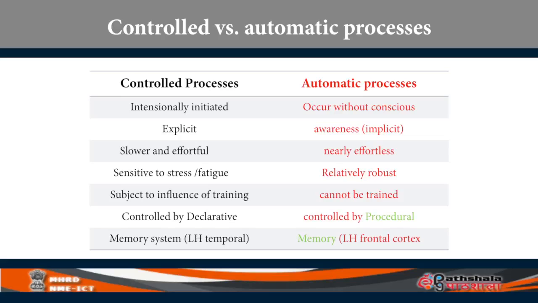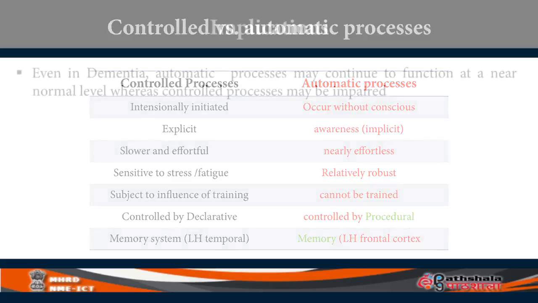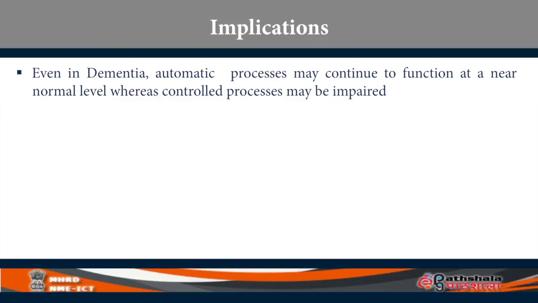So, we need to distinguish between controlled and automatic processes, also to talk about the involvement of different memory systems which influence language. Alright. So, why do we need to make this distinction? Research has shown that even in dementia, automatic processes may continue to function at near normal level when the control processes are impaired.